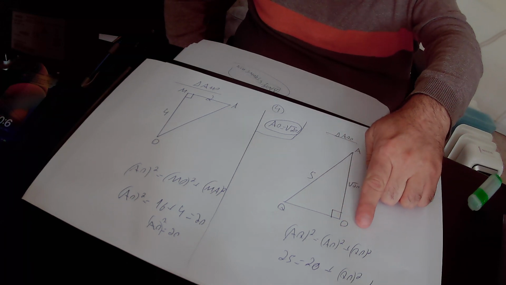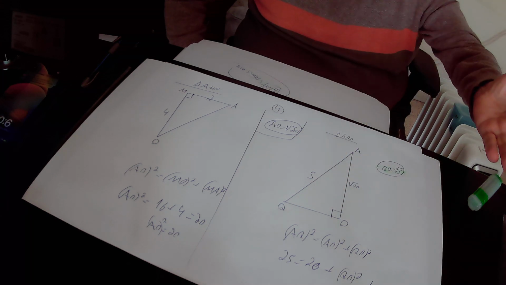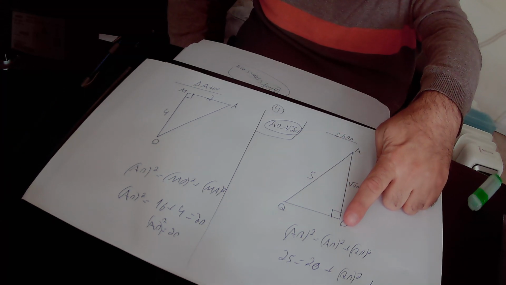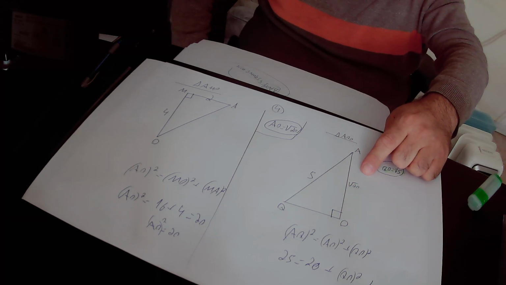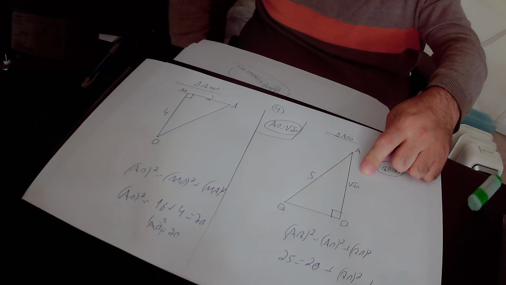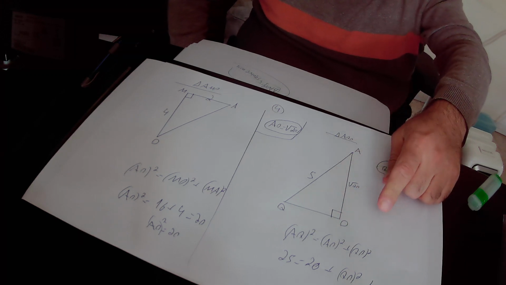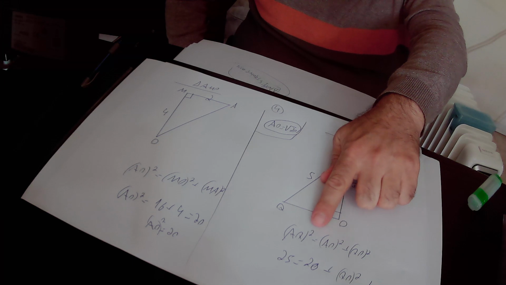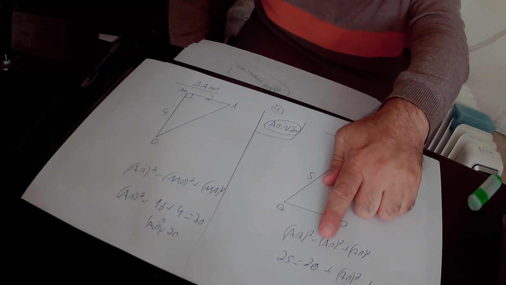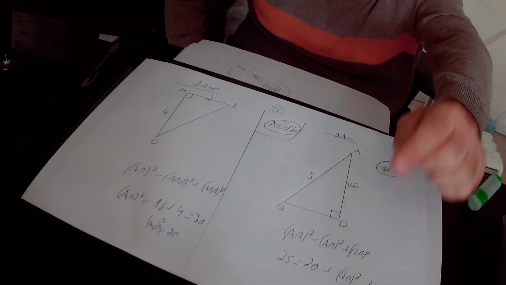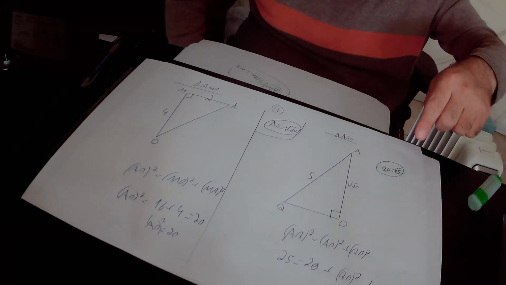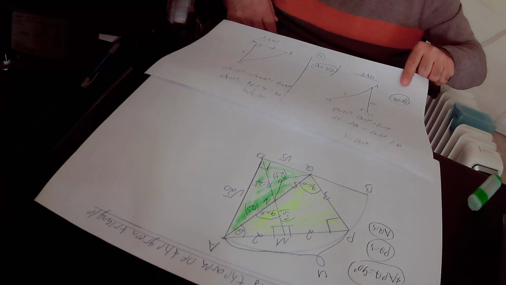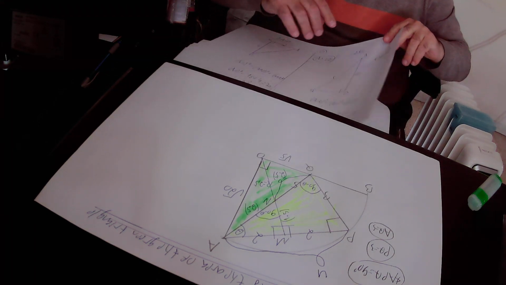AQ equals 5, therefore AQ square is 5 square, that is 25. AO square is the square root of 20 squared, that is 20, plus QO square. So 25 equals 20 plus QO square. We subtracted 20 from both sides, 25 minus 20 is 5, so 5 equals QO square. Taking the square root, we find that QO equals the square root of 5 units.